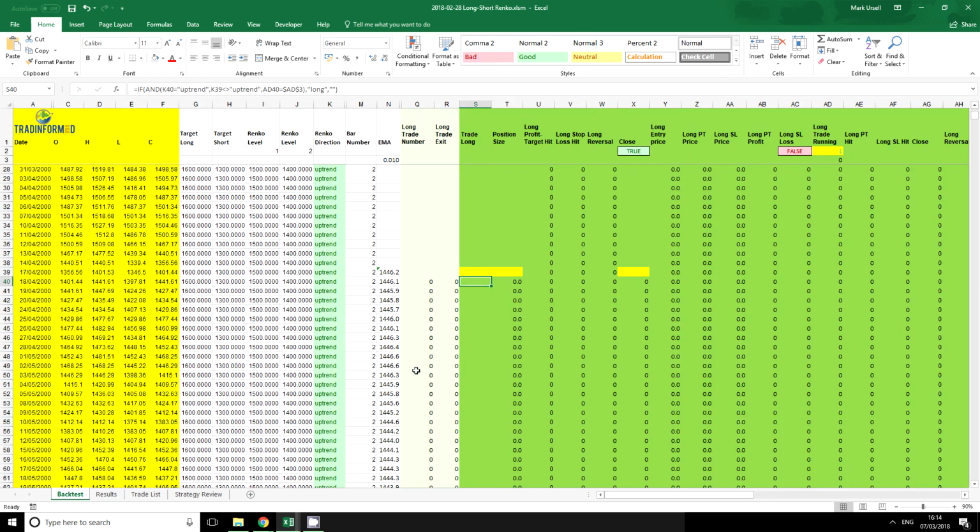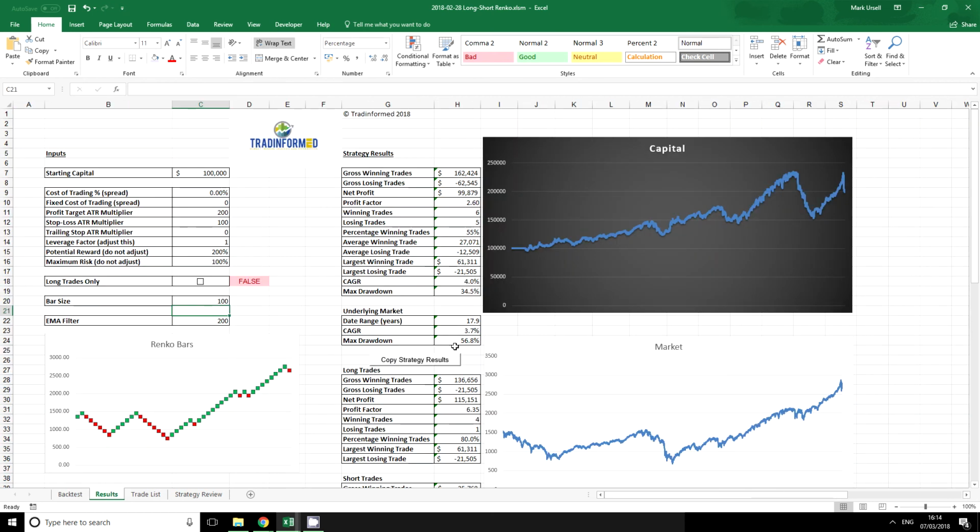So if I click over here, we have this strategy programmed in, and for each different bar size, we have the results here. And here we can compare the S&P 500 data going back to 2000 to the present time, early 2018.